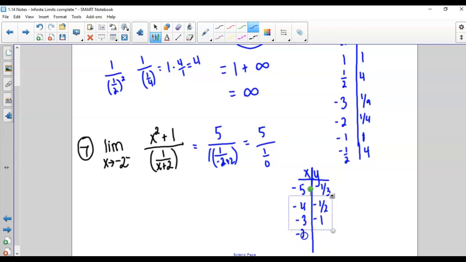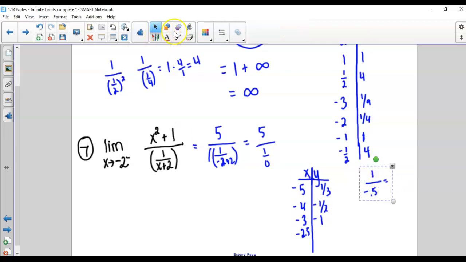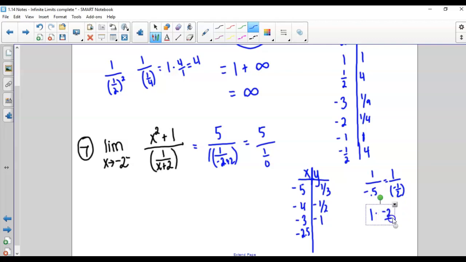Let's see, -2.5. That's going to give me 1 over -0.5, or 1 over -1/2, which, dividing fractions is easy as pie. Flip the second and multiply. So we're going to get -2 here.